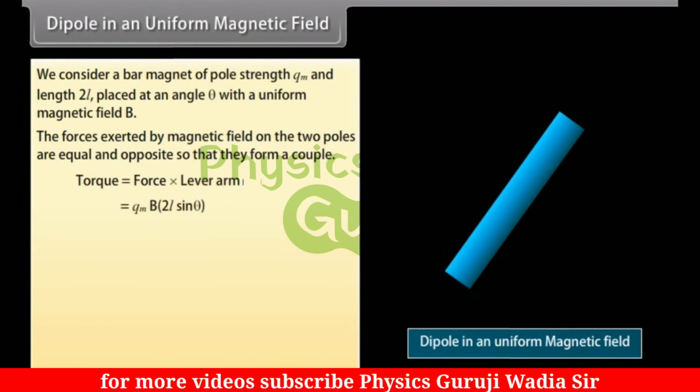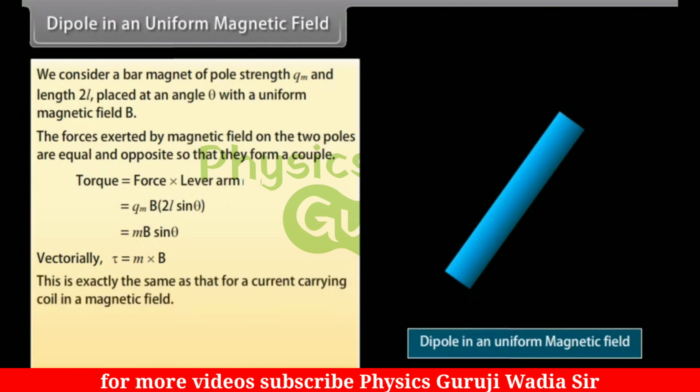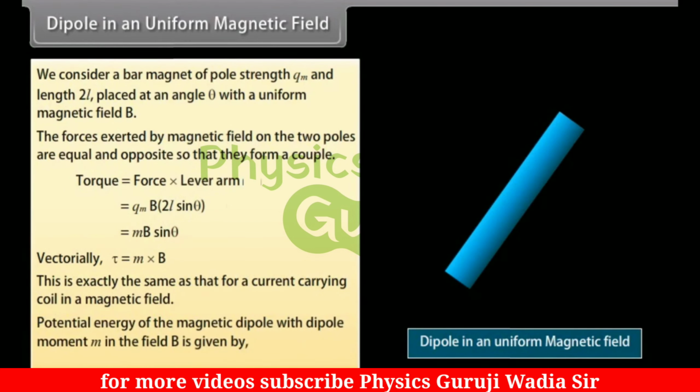By putting the values in the above equation, we get the value of torque equal to mB sin theta. Vectorially, it is represented as tau equals the cross product of M and B. This is exactly the same as that of a current carrying coil in a magnetic field. Potential energy of the magnetic dipole with dipole moment M in the field B is given by negative dot product of M and B.